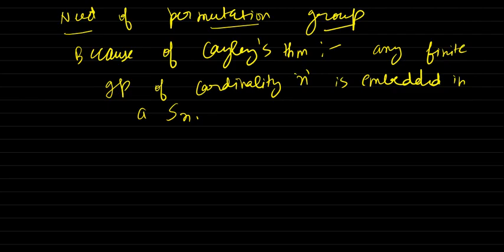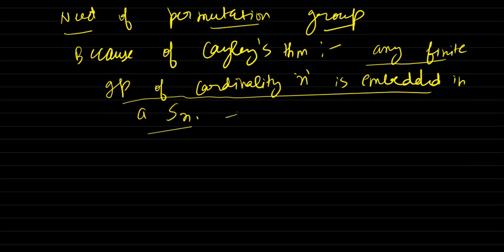It means that if we study all types of permutation groups, that is, we study S3, S4, S5 and so on, then we are actually studying all types of finite groups also. Because Cayley's theorem says that any finite group of cardinality n is embedded in S_n.